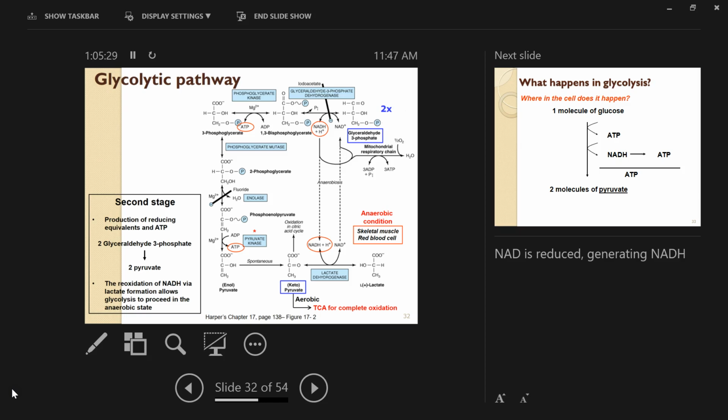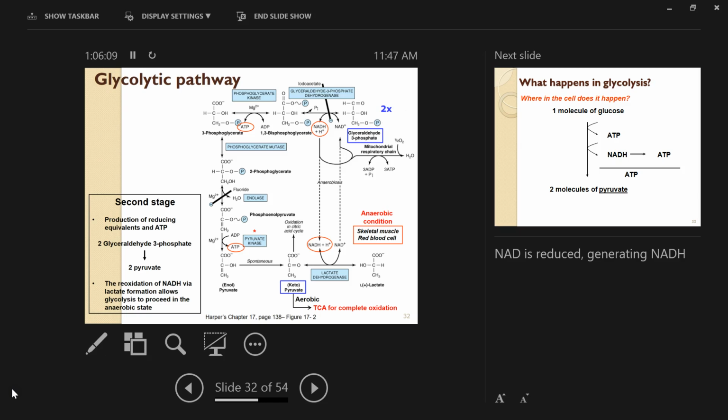In the second stage, we start with the two 3-carbon intermediates, which are eventually further metabolized to generate pyruvate. I don't think you need to remember each reaction, but again, the key reaction, right? In the second stage, there is one key reaction catalyzed by pyruvate kinase, which converts phosphoenolpyruvate to pyruvate.